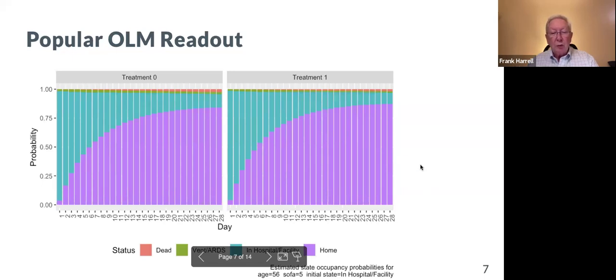You're showing the probability at any day of being in a given state, and you can sum the heights of those bars to calculate the probability of being, let's say, in the best 2 states. These are just ordinary probabilities, and you can compare treatments this way, and you can sum probabilities to give expected time in state.